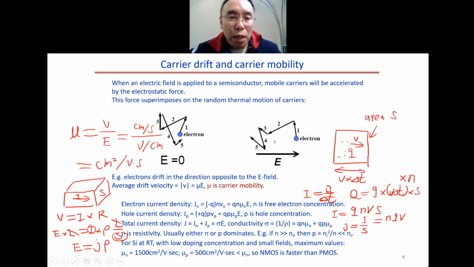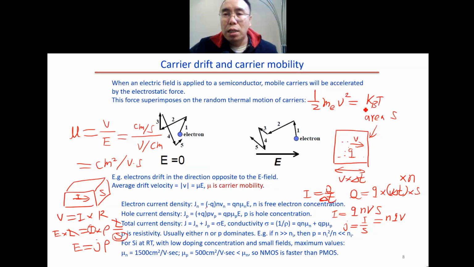Here we have the thermal motion. The thermal motion is roughly given by one half m v squared equals kT, where k is the Boltzmann constant.